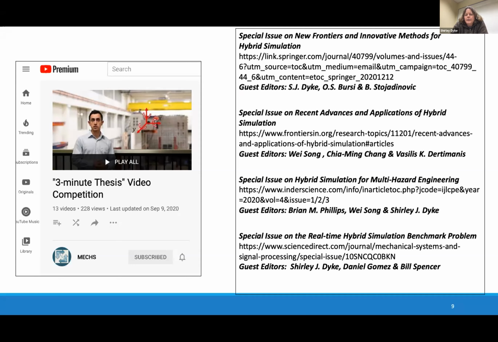Each of these has about 15 different papers. They're all linked from our publication library, but it's really a nice way to give especially young researchers a chance to showcase their work and draw attention to it.